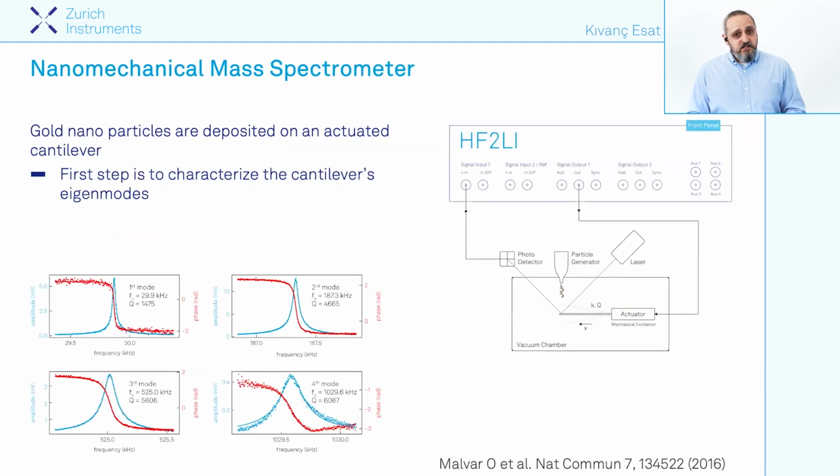Let's move to the next example. This is a completely different scheme where, again, a lock-in amplifier does most of the job in terms of the control of the device and also the measurement. Here we have a cantilever that is actuated.